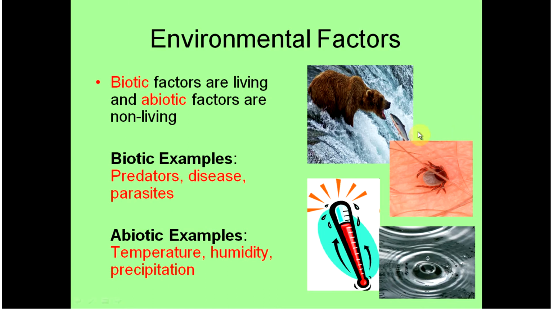Right here, you see a nasty little deer tick attached to human skin, example of a parasite in that human's environment. Examples of abiotic factors that could affect a living organism might be temperature, humidity, or rainfall precipitation.